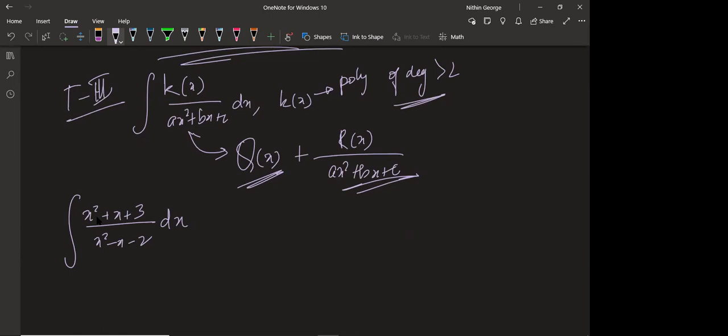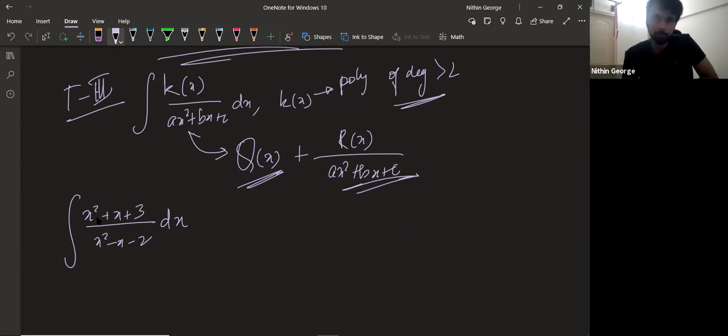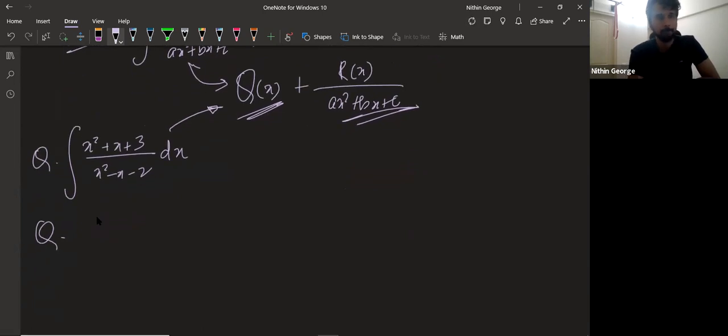Divide it and write it in terms of quotient and remainder. Correct. You bring it into this form and then try to get the answer. Right. So let's just move on to the next question. If something like this, what do you do?